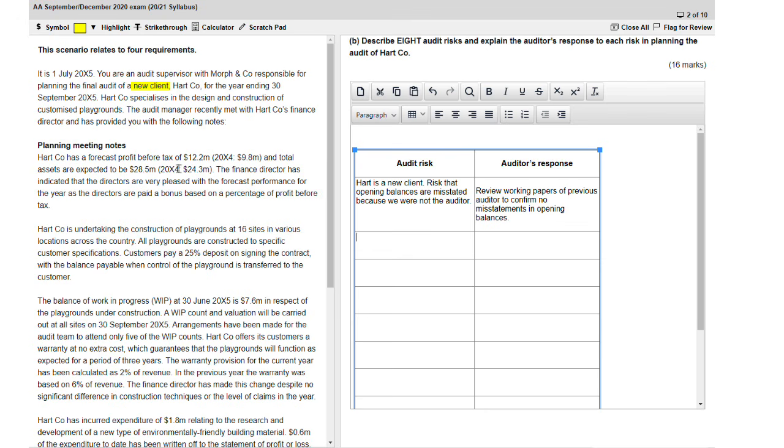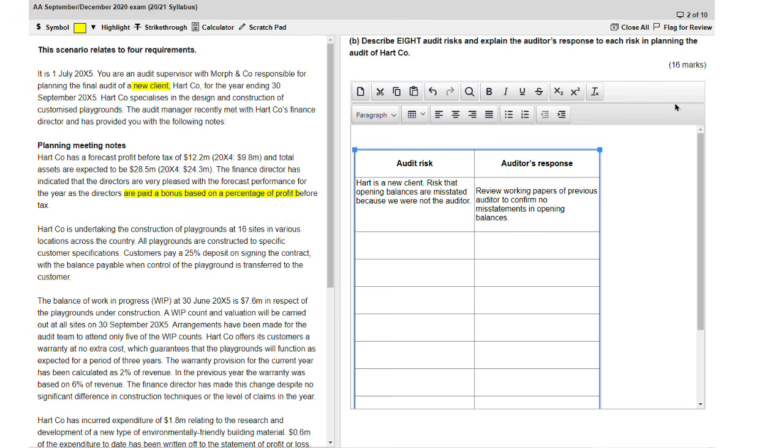Coming down to the second paragraph, let's see if we can find anything exciting. Yep, very important one here. So audit risk can sometimes relate to individual balances and transactions that are wrong. Sometimes it's because lots of things could be wrong in the accounts, and that's because of deliberate manipulation by directors. This is a profit-related bonus.